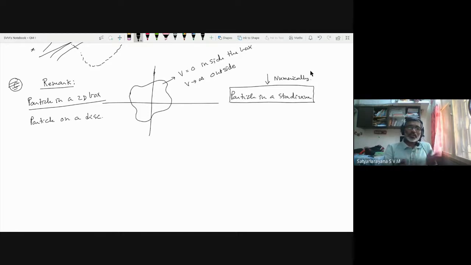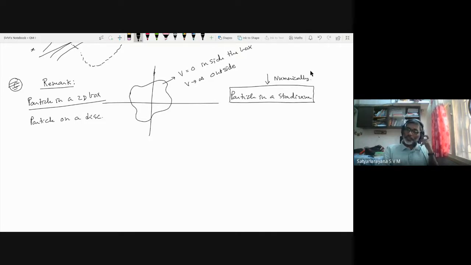I wanted to make this remark because even in this simplest case, the shape of the well is very important, and it's not possible to do this problem exactly for any arbitrary shape. But when people look at them numerically, there are interesting observations.